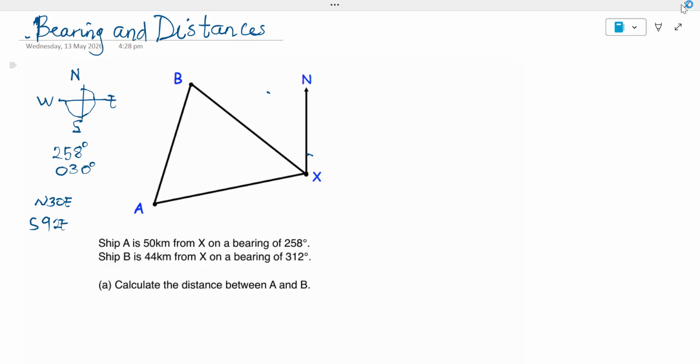So if we begin from the North Pole, as we have said earlier, this is 180. Now, between 180 and 270 lies 258. And we see that part of the diagram is already what's illustrated for us to see there. So that means in this direction, we have 258 degrees, right? And that gives us the direction. We have been given and told that it is 50 kilometers away, right?